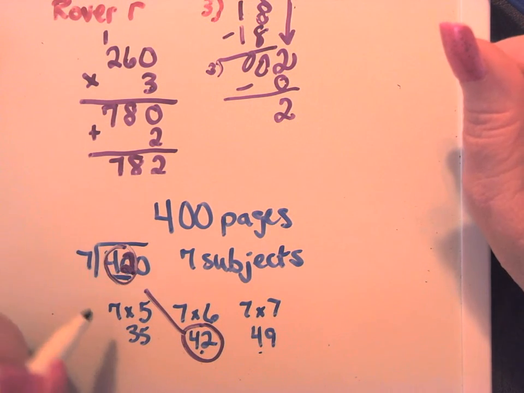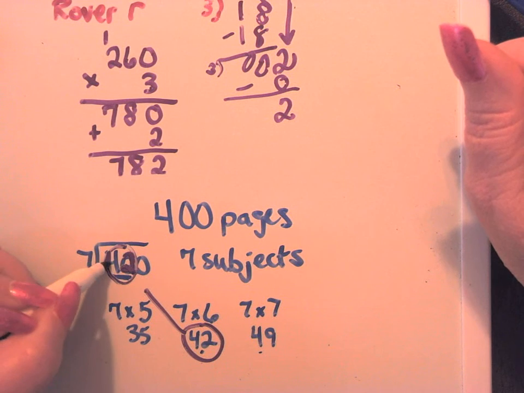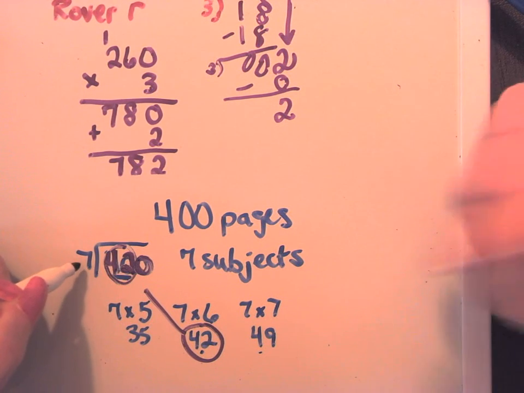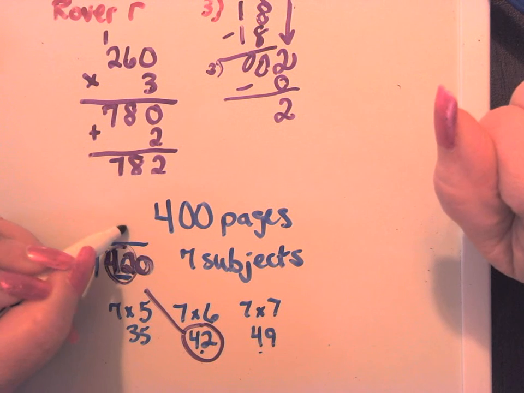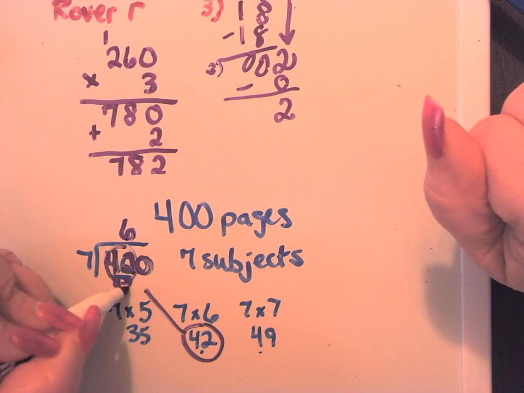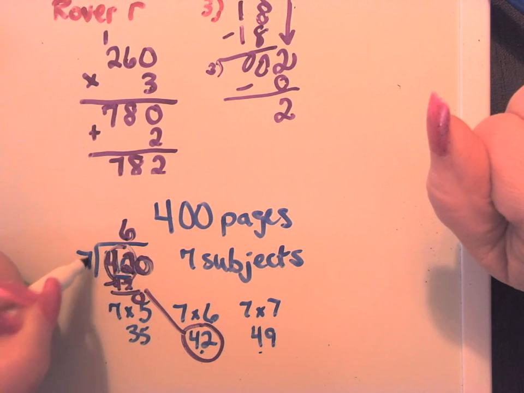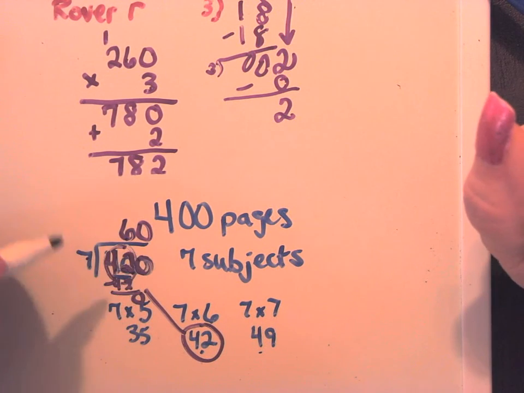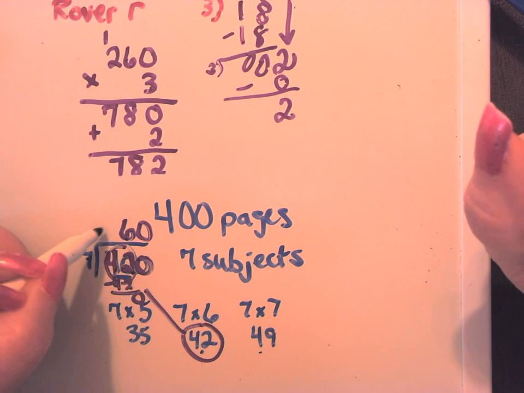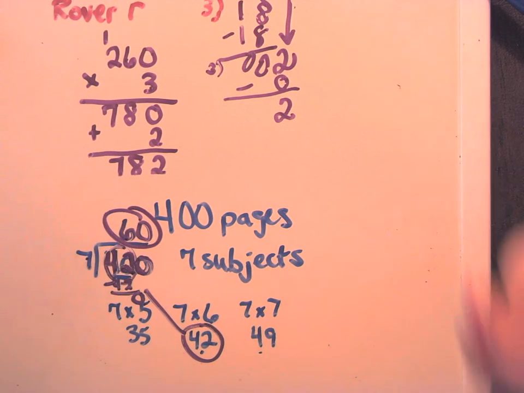If I change that number to 42 and the 0 is still there, now when I figure it out, how many 7s can I get out of 42? 6. That equals 42. How many 7s out of 0? Obviously 0. And I have no remainders, so I end up with about 60 pages per subject. Okay?